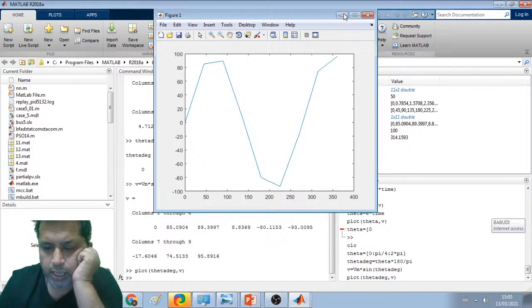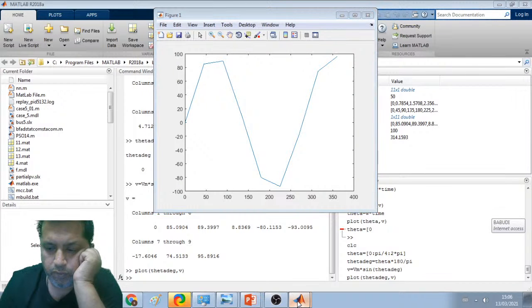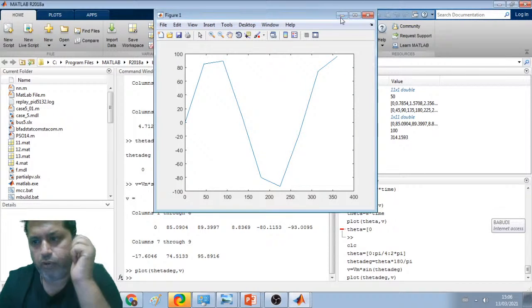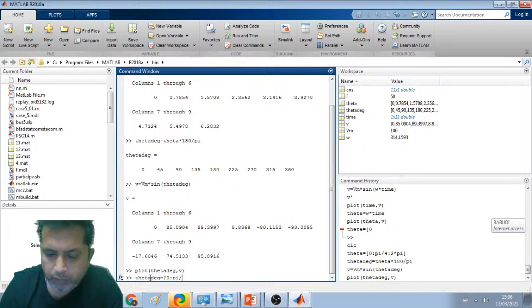Okay. Let us see if I want to make this a more pure sine wave. So what I will do is theta degree is equal to square bracket 0 colon, incremental value will be pi by 16 colon 2 into pi.